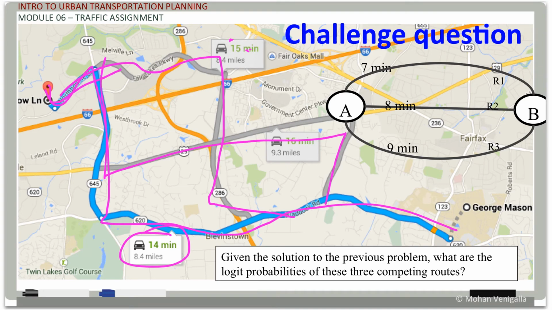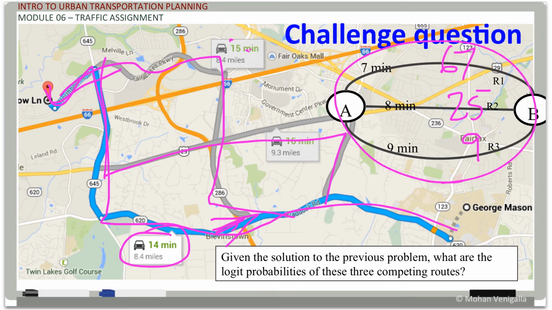Given this, and we just worked out the previous problem, this route has 67%, this route has 25%, and this route has 9%. Can you quickly tell me what the choice probabilities of this fellow on these three routes are? Very simple. The travel times are 14, 15, 16 minutes versus 7, 8, 9 minutes. That's why I deliberately chose this.